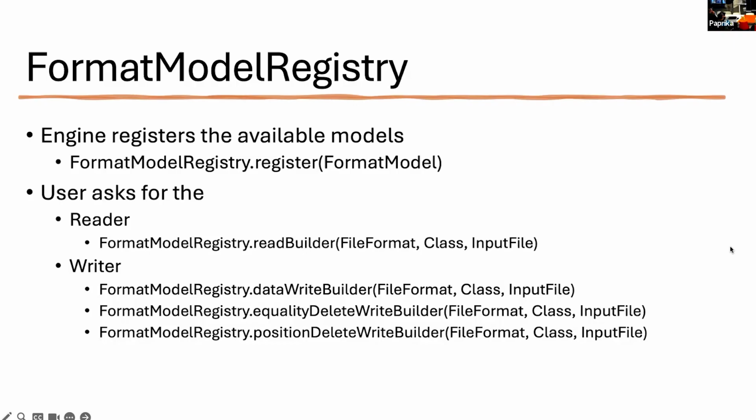Or if you are writing, then you can go to the format registry. I would like to have a data writer. I would like an equality delete writer, or I would like to have a positional delete writer. And again, providing the file format, providing the type of the class which I'm providing as an input, and an output file, then it will provide you the writer.